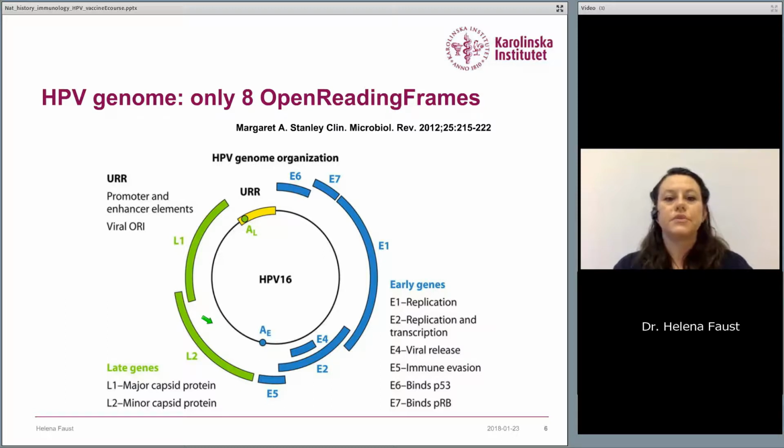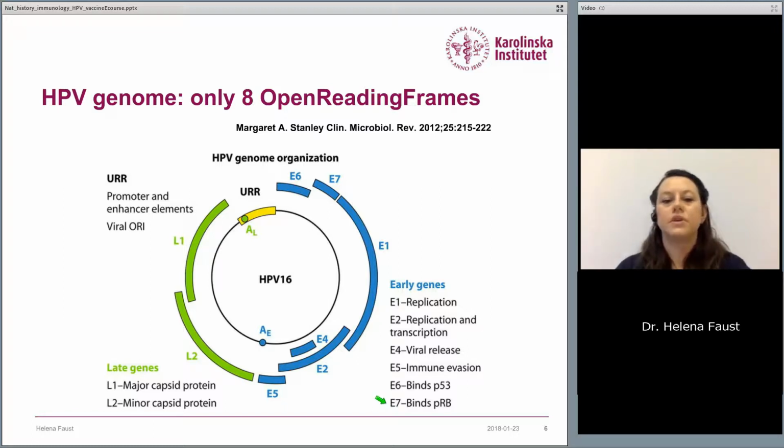The HPV genome contains only the minimal amount of needed genes. It's 8 open reading frames and a regulatory region. There are early genes and late genes. Early genes are E1, which stands for replication, E2, for replication and transcription, E4 for viral release, E5 for immune evasion, E6, which binds P53, and E7, which binds RB.